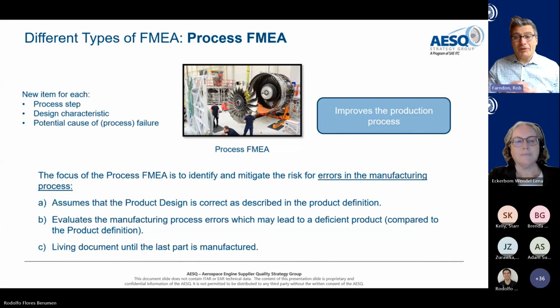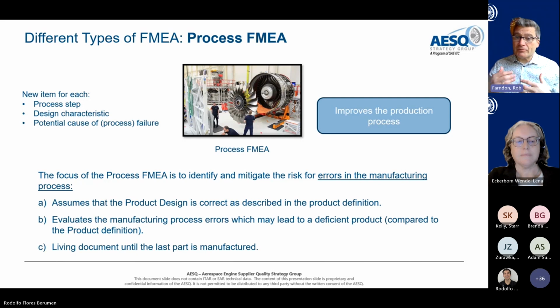And again, we're going to keep this live as long as we're thinking about the development of the process. That could be quite a long time, but it's a living document meant to inform how that process is set up.